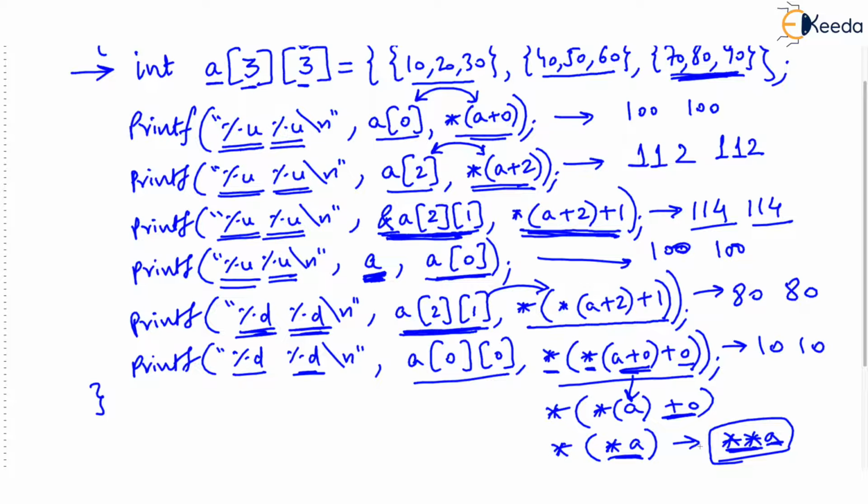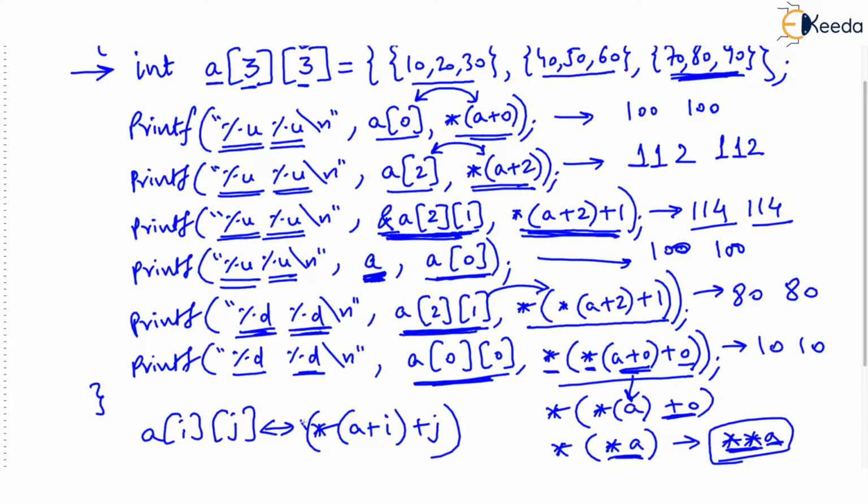Don't get confused. There is nothing to confuse here. If you follow this simple rule, that means Aij, the value at ith row, jth column, is the same as asterisk asterisk A plus i plus j, and the whole thing asterisk. Now what if both were 0?